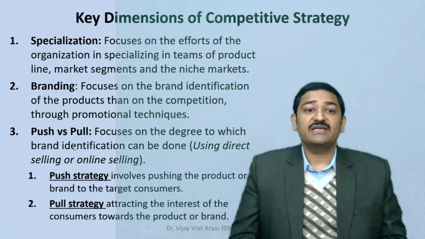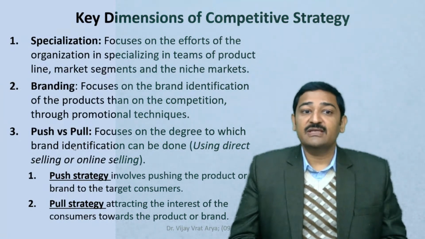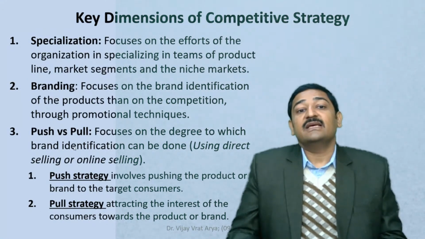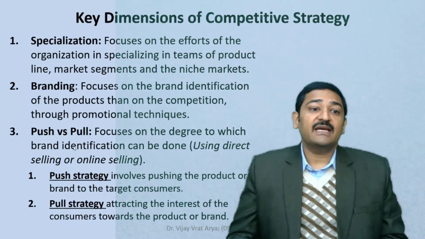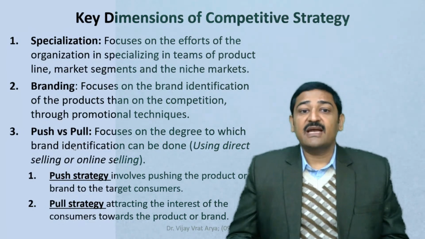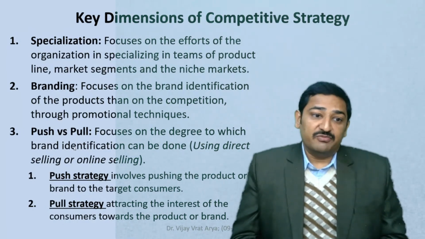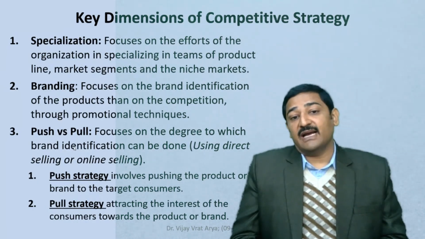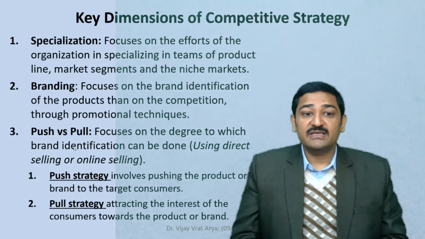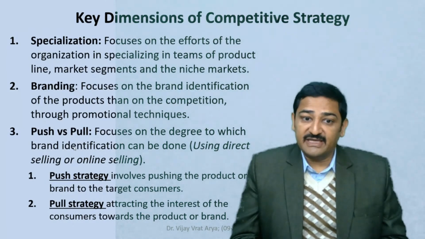Here, specialization focuses on the efforts of the organization in specializing in terms of product lines, market segments, and niche markets. Second dimension could be branding, which focuses on the brand identification of the products, then on the competition through promotional techniques of the firm.